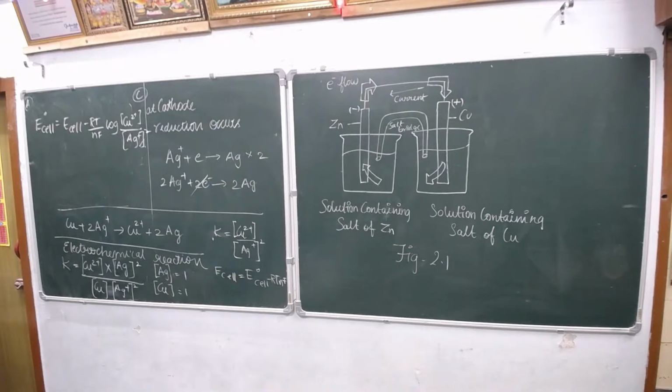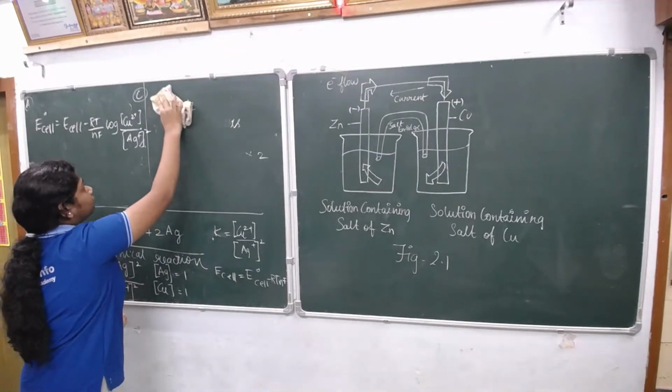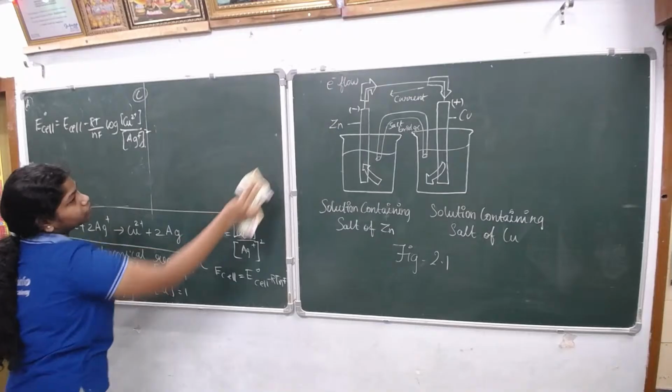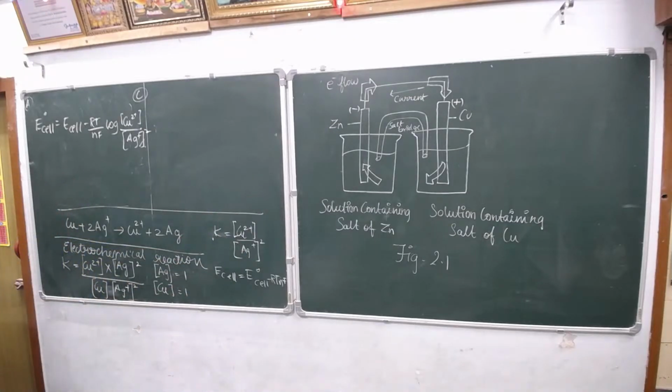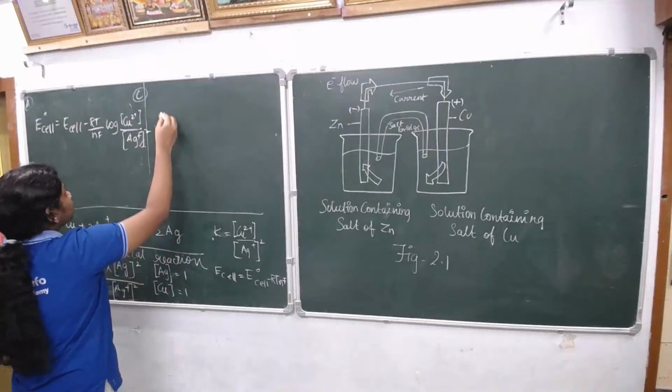Okay, so can you write similarly for this equation? Establish the electrochemical equation for this. You can erase everything. So use this cell and proceed. On the left hand side, you have got cathode.